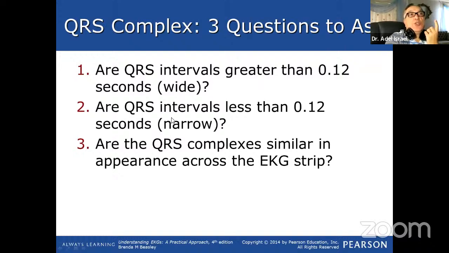If I say narrow QRS, this means it is normal. So adapt yourself to the following: wide means abnormal, narrow is the normal one.